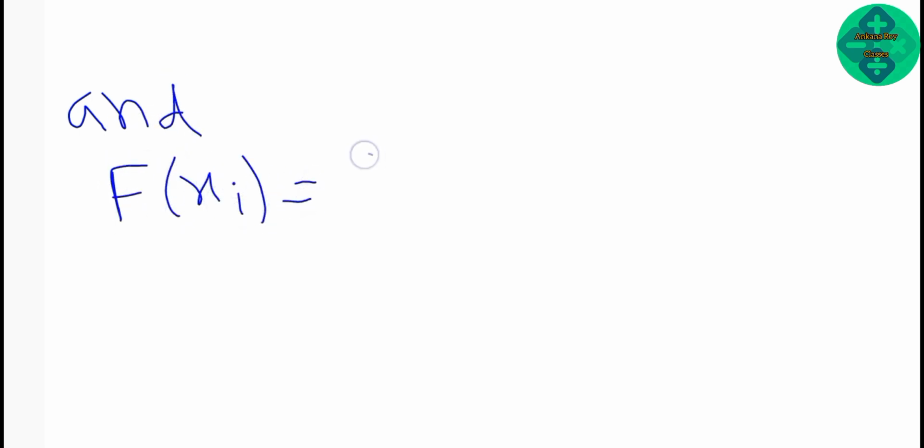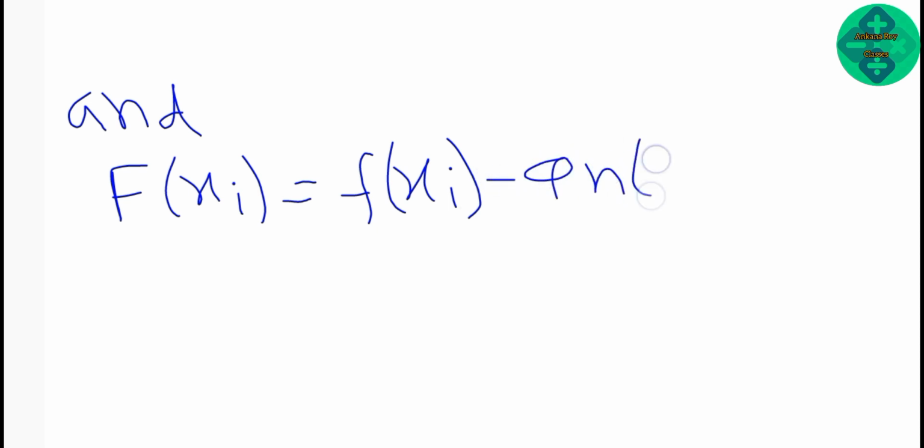And capital F of xi, putting x is equal to xi, is equal to small f of xi minus phi n xi minus psi x dash into omega xi.